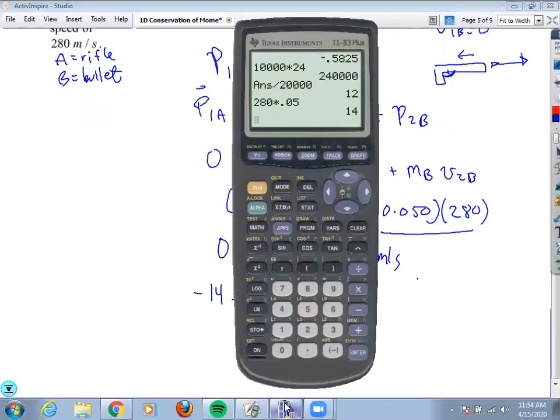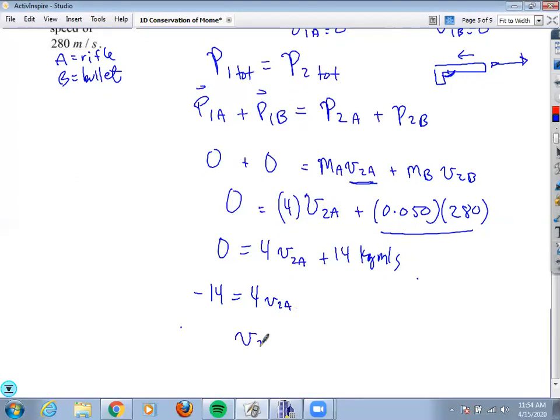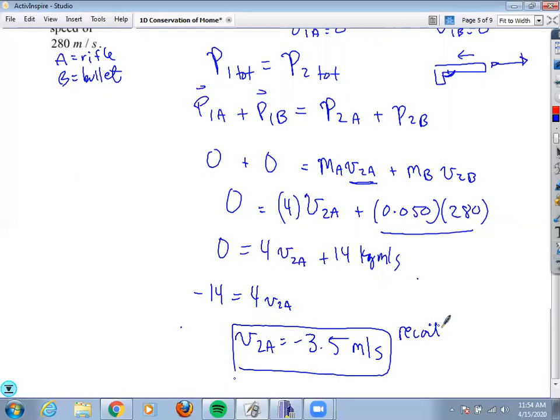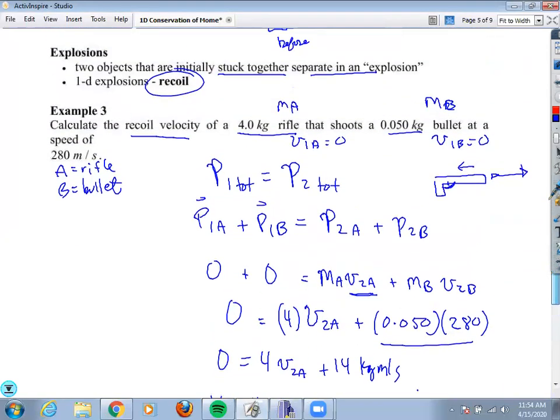So we simply take the negative 14 and we divide that by 4 kilograms, negative 3.5. So V2A is negative 3.5 meters per second. And that would be the recoil velocity of the rifle. And that is how we solve one-dimensional recoil problems involving conservation of momentum.